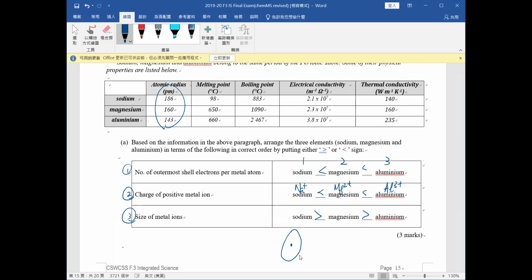But indeed, once you know the concept of the attraction force, right? So you may get this is the outermost shell and the nucleus. So the distance is just measured from the nucleus to the outermost shell. Okay, can you get my point?